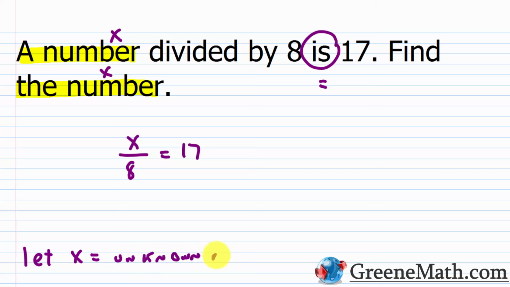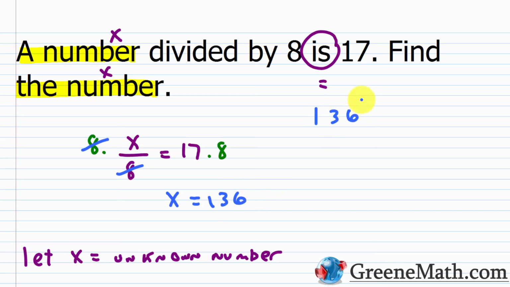Again, just for completeness. And so to solve the equation here, I'm just going to multiply both sides by 8. 17 times 8 is 136. So these guys cancel. You get x equals 136. So that's going to be my unknown number. Again, if 136 is divided by 8, the result is 17. Okay, so 136 again is the number.